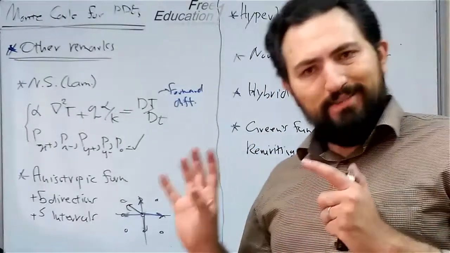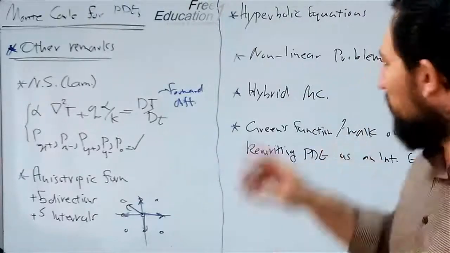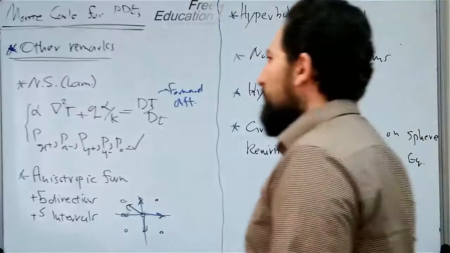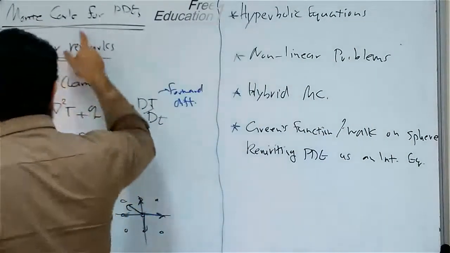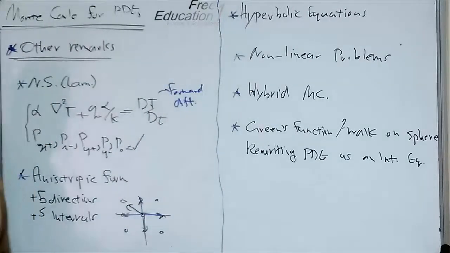So our described random walk process is not appropriate for the solution of such equations. There are some modifications of the random walk process for the Monte Carlo methods for the solution of hyperbolic type equations to handle sharp discontinuities or jumps in properties.